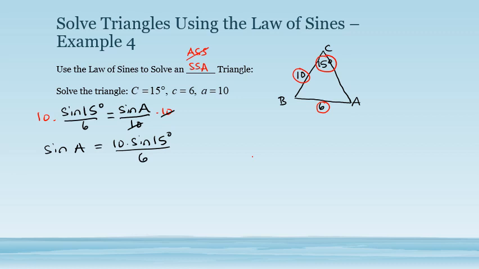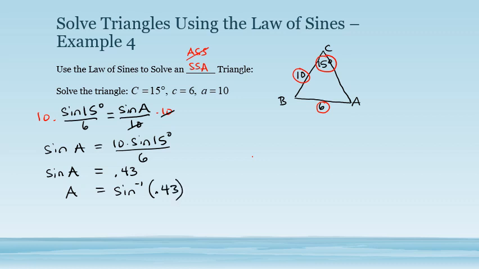Whenever an inverse is involved, I like to take the time to actually put in 10 times the sine of 15 degrees divided by 6 into my calculator so that I can wrap my brain around what that number is. I got 0.43 approximately.